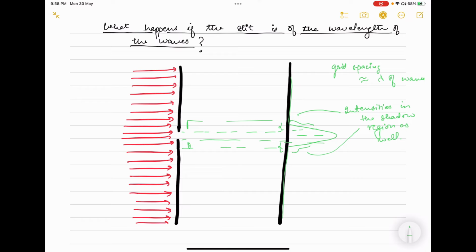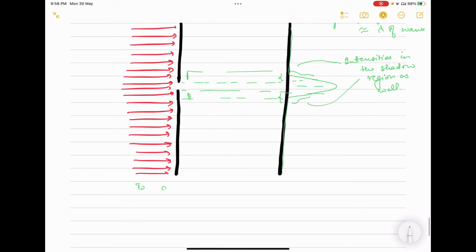So this is not in direct line of sight of the incoming waves. So to get proper intensities, we need to satisfy the condition that lambda is approximately equal to A.